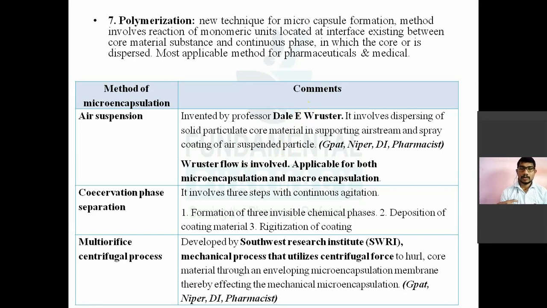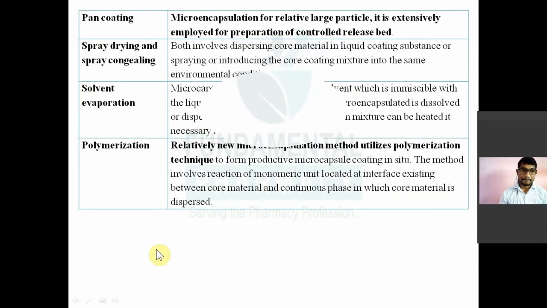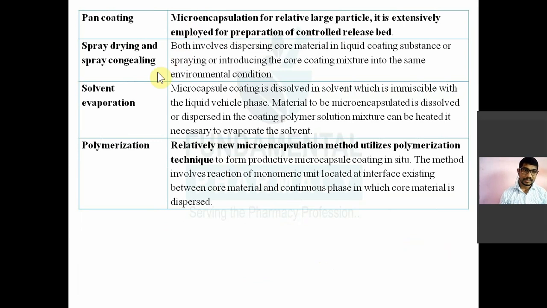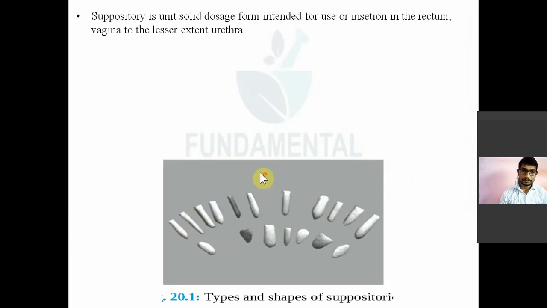That is nothing but the air suspension. Now Wurster flow is involved in this air suspension. इसके ऊपर भी एक और क्वेश्चन आया था. Now applicable for both micro and macro encapsulation. Now coacervation phase separation के बारे में मैंने पूरा बोला है. पैन कोटिंग, स्प्रे ड्राइंग, स्प्रिंकलिंग, सॉलिड ऑपरेशन, वही चीज है सब कुछ.